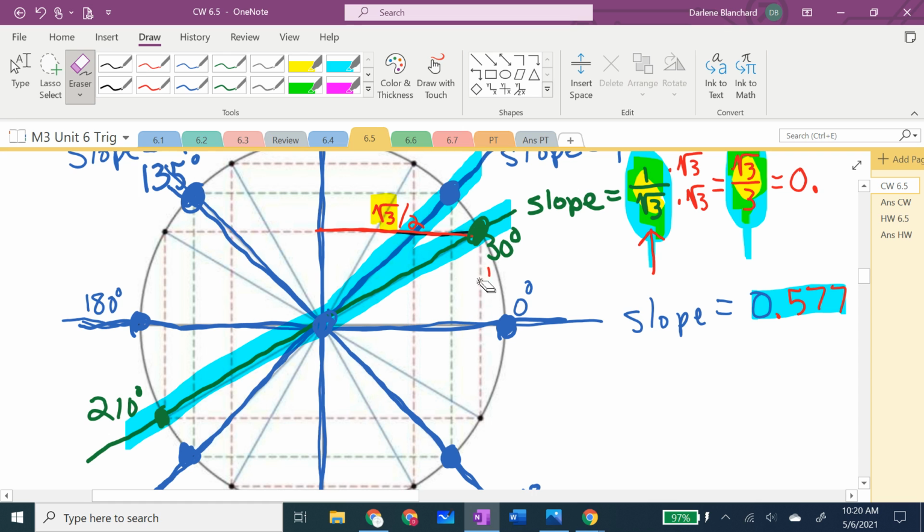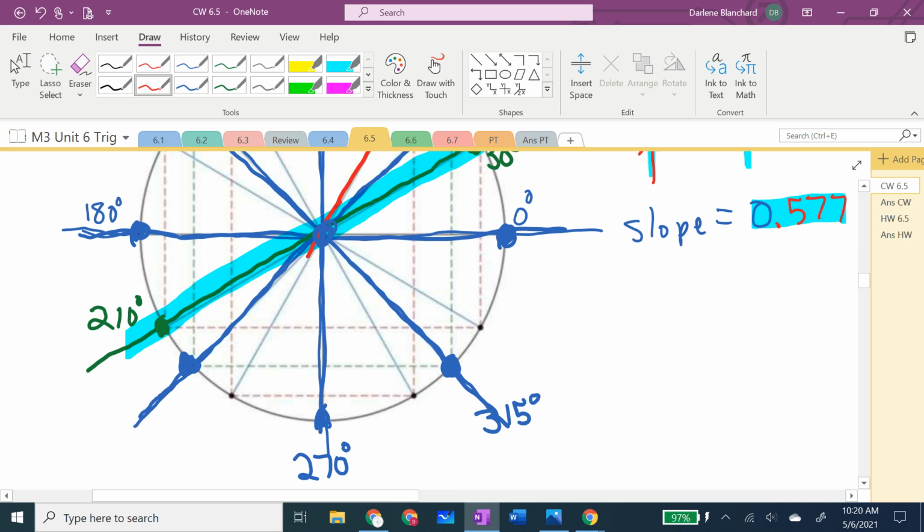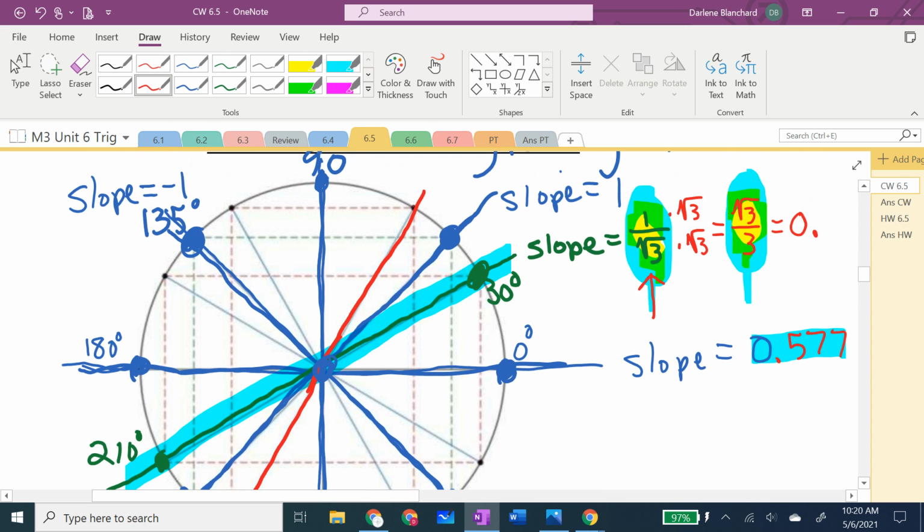Now, I'm going to move over to a line through the origin at a 60-degree angle.